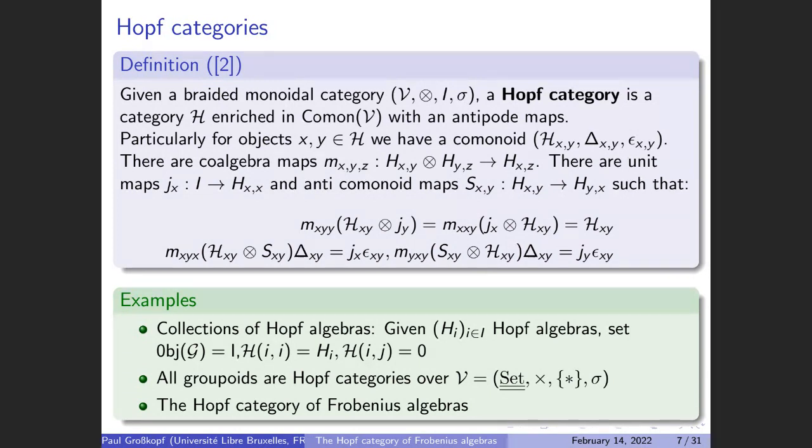And a particular case is if we work over Z. So if we consider Hopf categories over Z, this is just groupoids. So we can go back to the original idea. And the specific Hopf category I want to talk about today is the Hopf category of Frobenius algebras. And the next few slides will motivate how we get to there and how we can show that we can find some Hopf category involving Frobenius algebras.